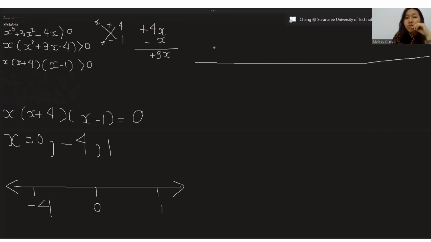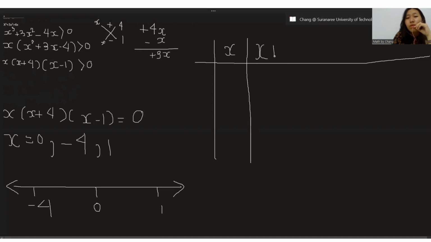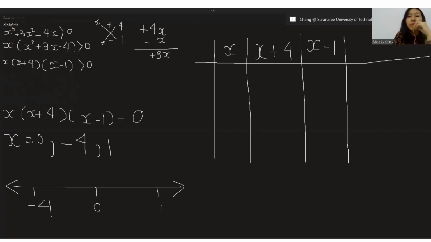The first factor is x, the second is x plus 4, and the last is x minus 1. It will take a bit of time to solve this problem, but don't worry, it's super easy.